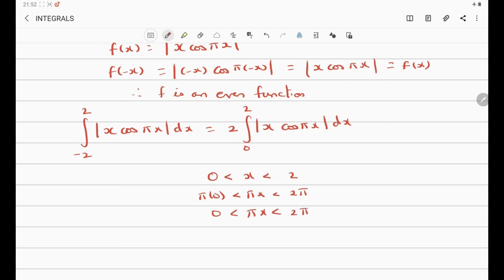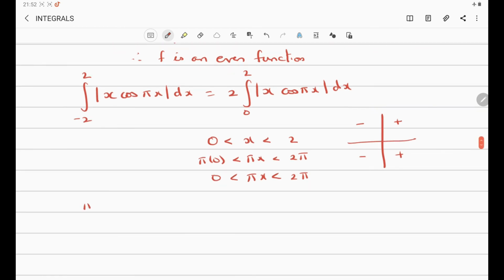Now let us check in what intervals cos pi x is positive or negative. We already know that cos is positive in the first quadrant and the fourth quadrant, and it is negative in the second quadrant and third quadrant. So when pi x belongs to the first quadrant, that is 0 to pi by 2, we get modulus of x cos pi x.